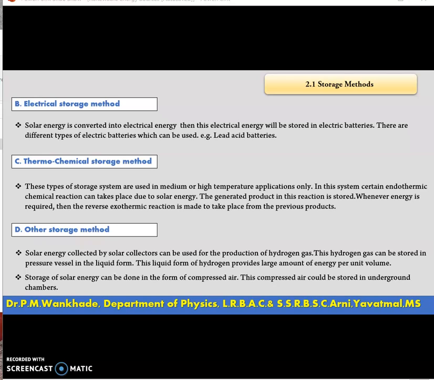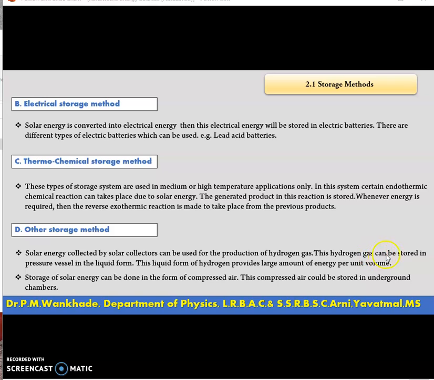The last one is the other storage methods. Solar energy collected by solar collector can be used for the production of hydrogen gas by electrolysis of water. The water splits into hydrogen and oxygen.